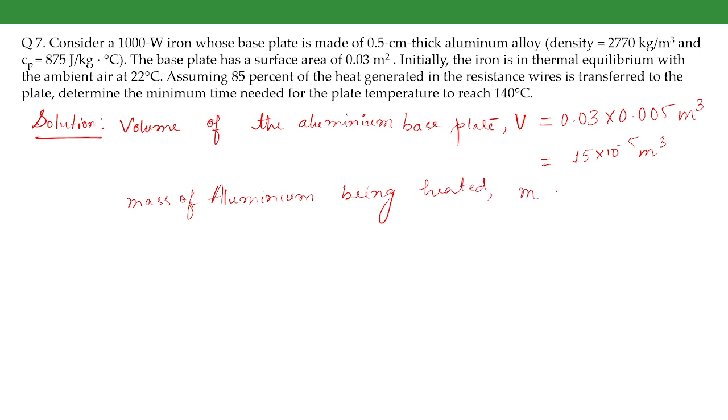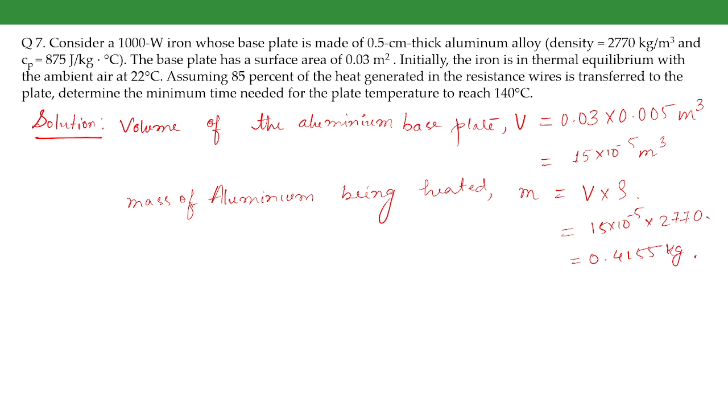This is the volume multiplied by the density. So this is basically 15 into 10 to the power minus 5 multiplied by 2770. This comes out to be 0.4155 kg.